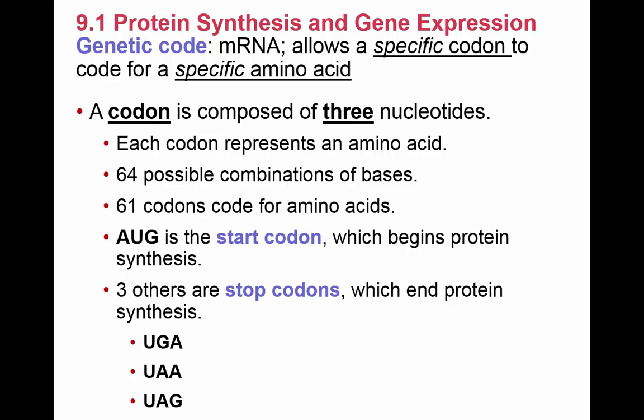Easy way to remember it: think about the school year starting in August. The abbreviation for August is AUG. There are 3 other codons that are known as stop codons: UGA, UAA, and UAG. They're called stop codons because this is where we end protein synthesis. So AUG begins it, and the stop codons are where it's going to end.